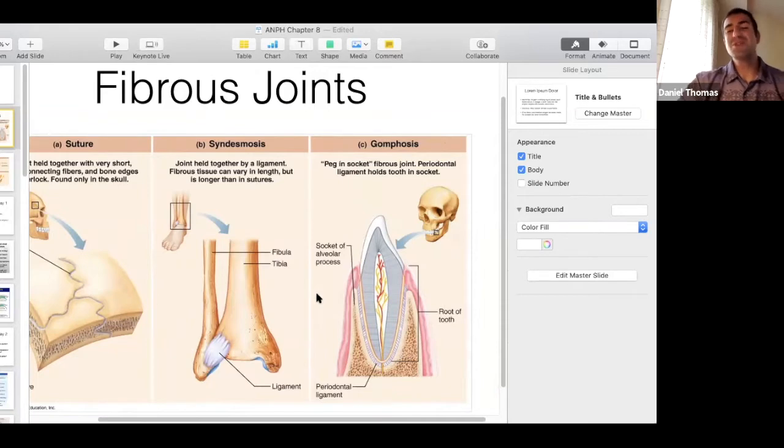Now next, there's really only one example here, and that's called a gomphosis. It's also known as peg and socket. It is the same kind of joint that keeps your teeth attached to the socket. And this joint can actually be disrupted slightly because there is a disease that affects the mouth called gingivitis.